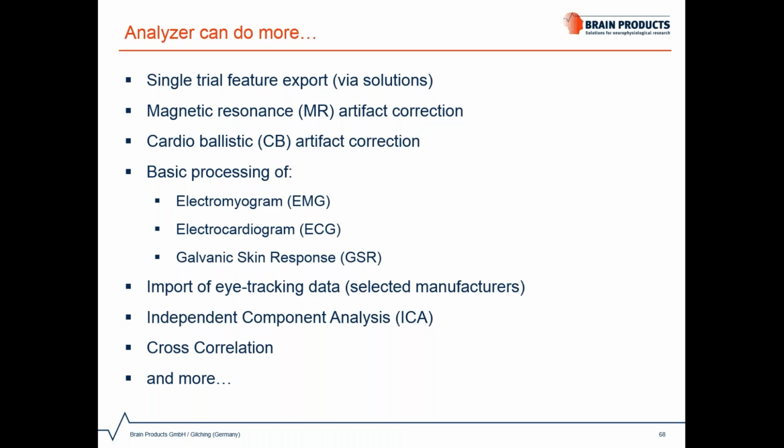We have basic processing for electromyogram, electrocardiogram, galvanic skin response signals. You can import certain kinds of eye tracking data. You can do your independent component analysis as well as cross-correlation or event-related synchronization or desynchronization. And of course, as you have seen, many more.